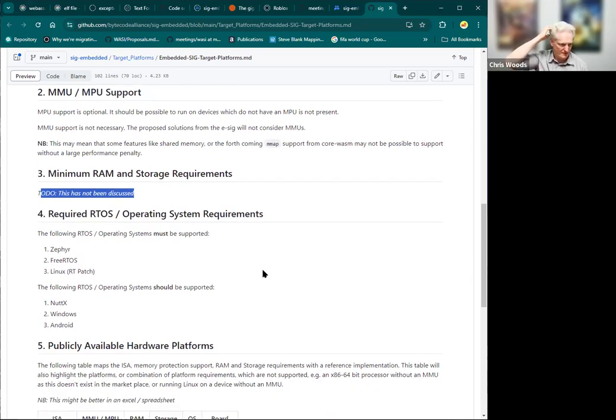And operating systems, and I saw a brief discussion last week. From that discussion, I thought I heard Zephyr, FreeRTOS, Linux with RT patch, and then NuttX was listed, because I know that's one that Sony and Midokura is using.